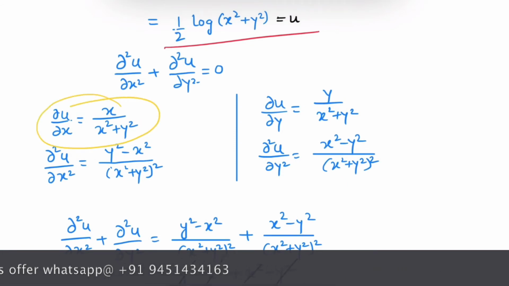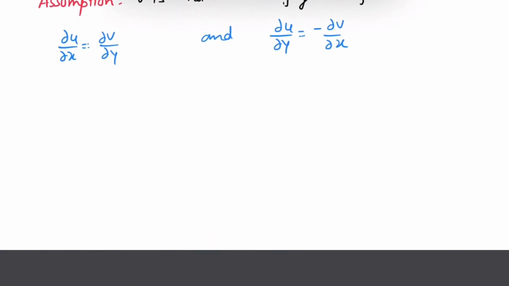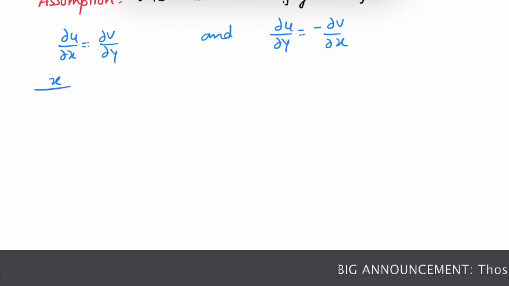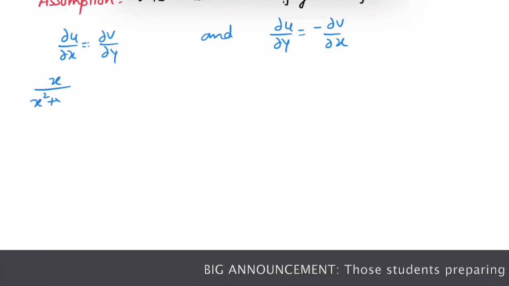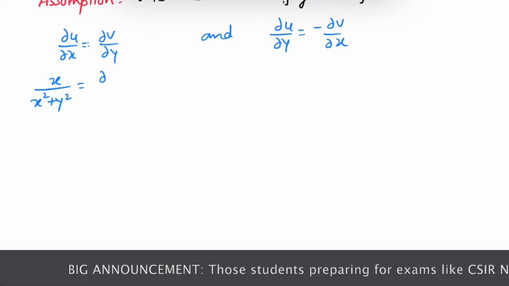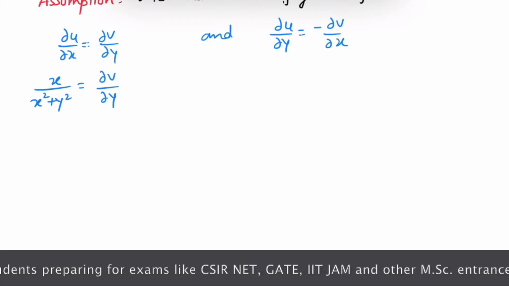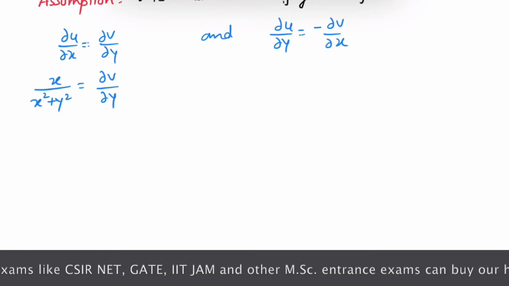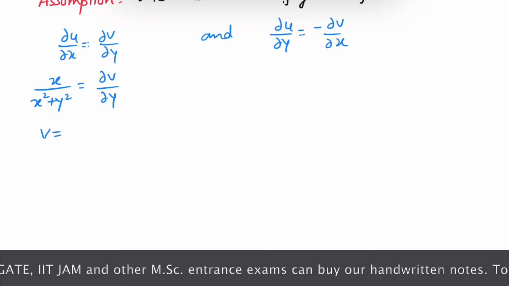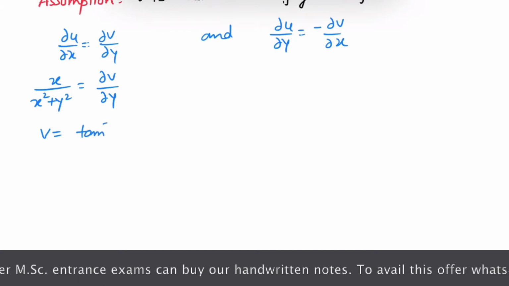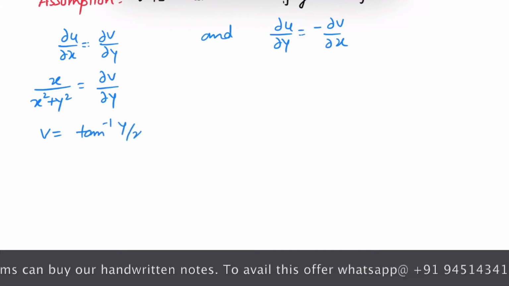Del u over del x is x over x square plus y square, and this equals del v over del y. Now simplifying this differential equation, we'll have function v equals tan inverse y over x.